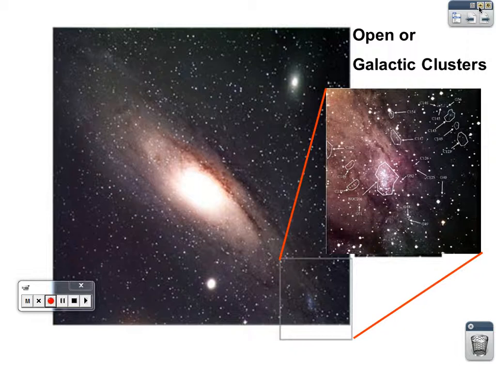And we've already done one specific galactic cluster, that was the Pleiades. Now, here is our galaxy, pretending it's our galaxy, and inside this square down here you'll see that there are many little places that stars are being born. So galactic clusters are where stars get born.